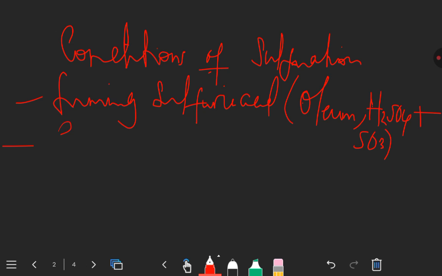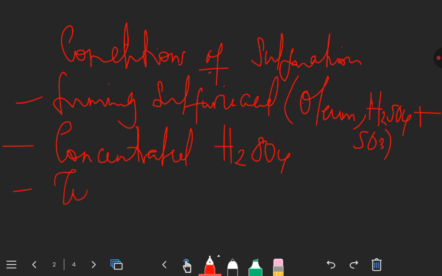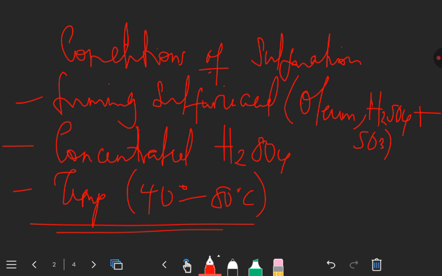The other one is that there has to be concentrated sulfuric acid. Then the other thing which must be there is that the temperature must be moderated, approximately 40 degrees to 80 degrees Celsius. Then that reaction will be able to take place. Okay, so that is about sulfonation.